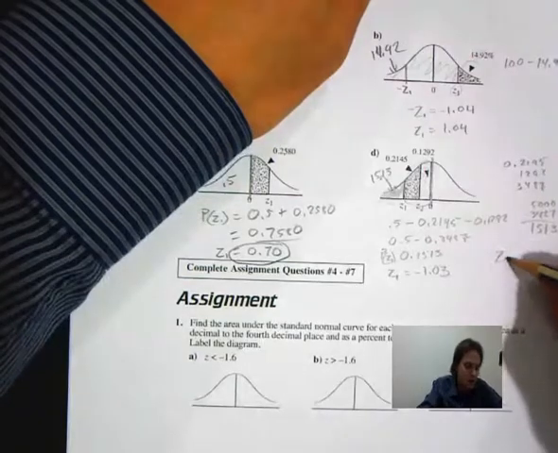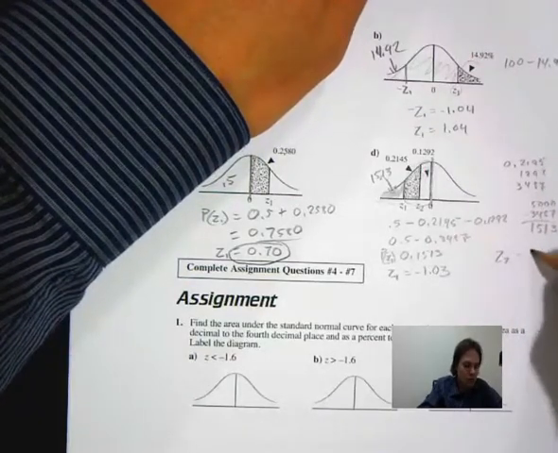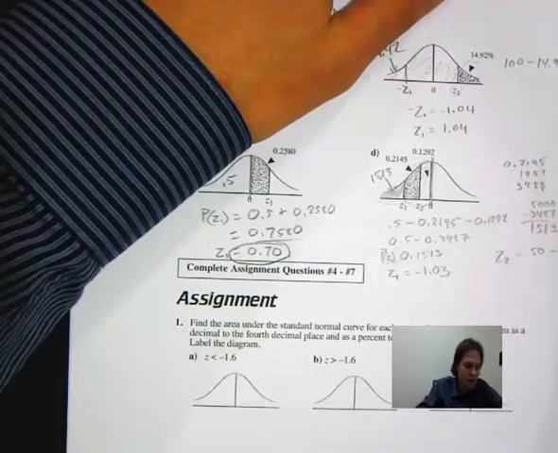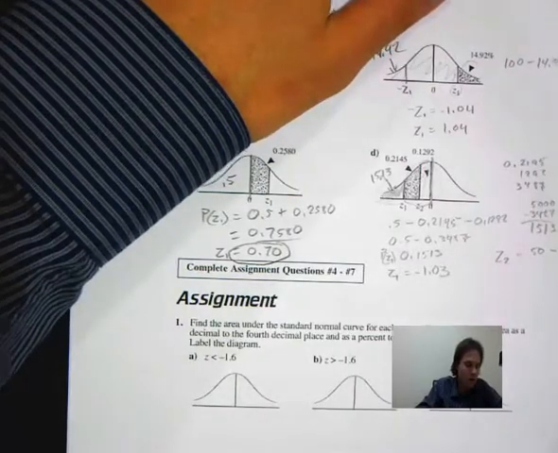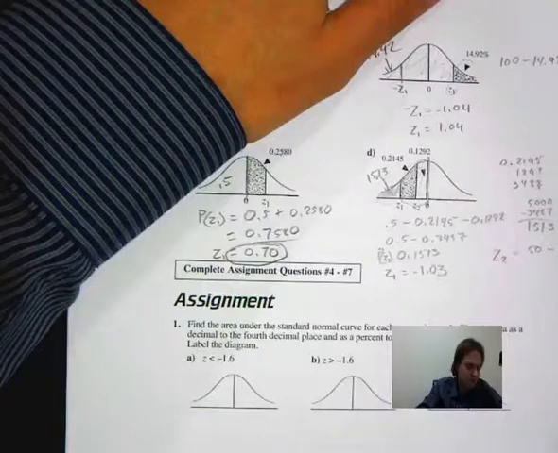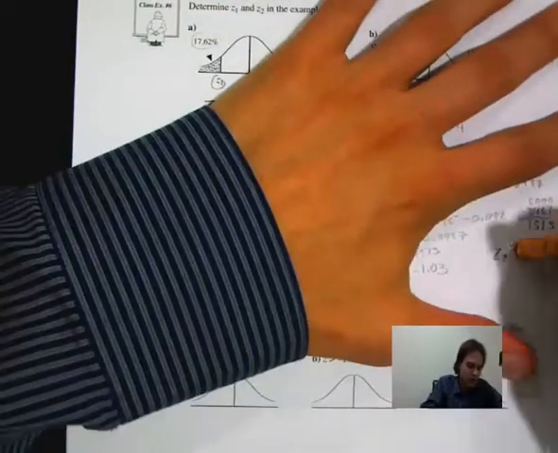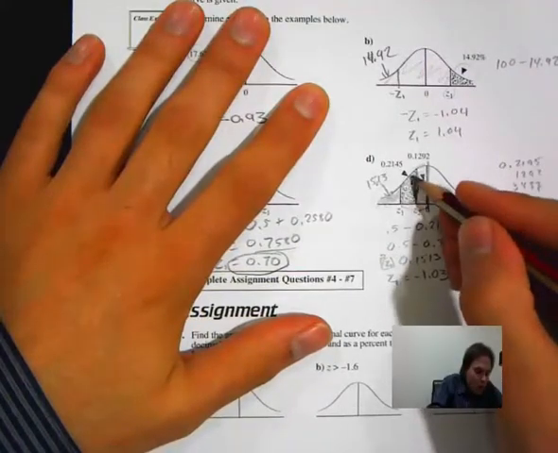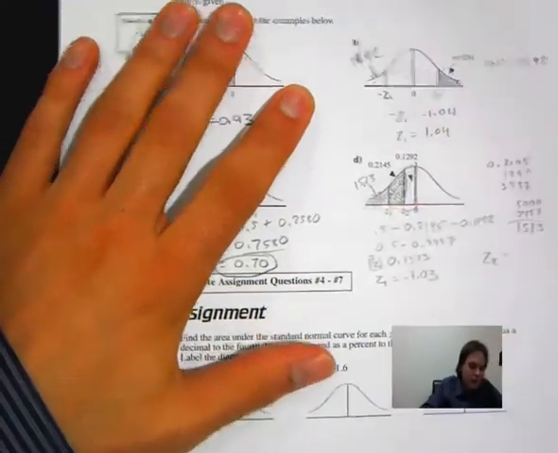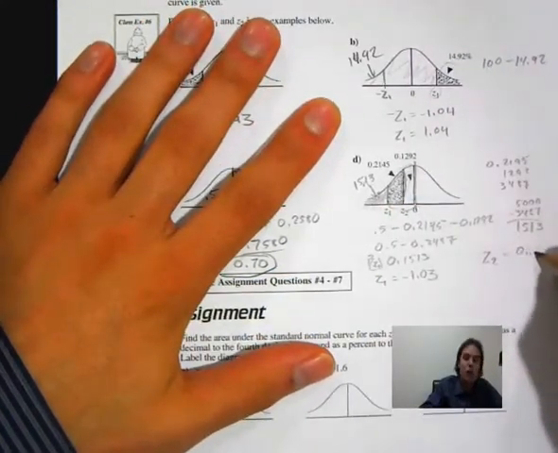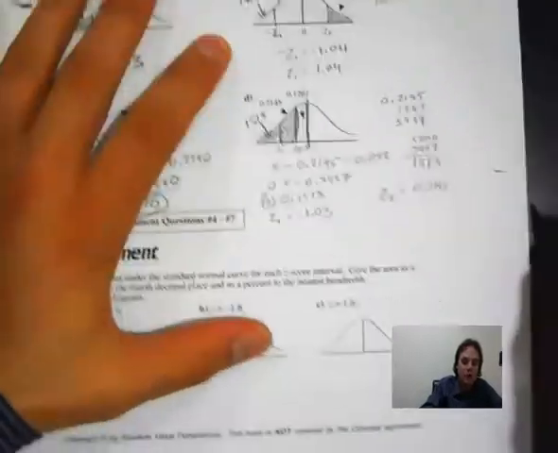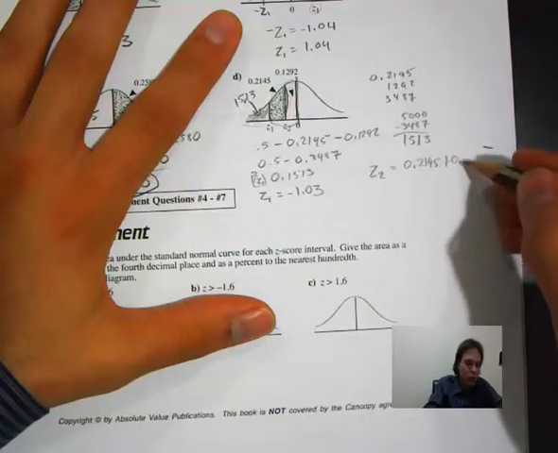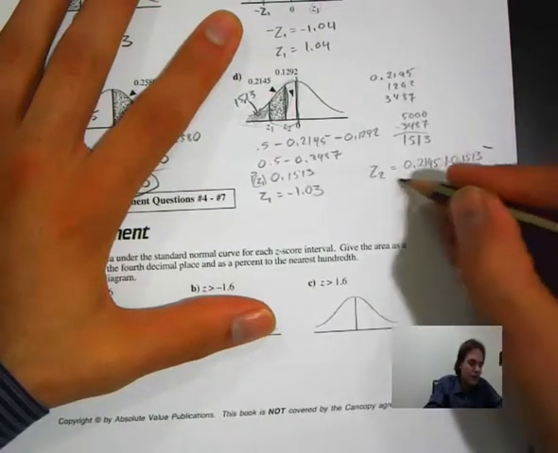Z2 is equal to, oh sorry, it's not equal to 50%, it's equal to all of this here plus that. So 0.2145, plus 0.1513. Why?